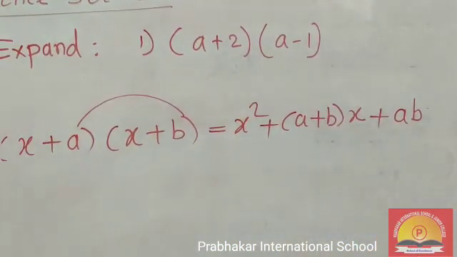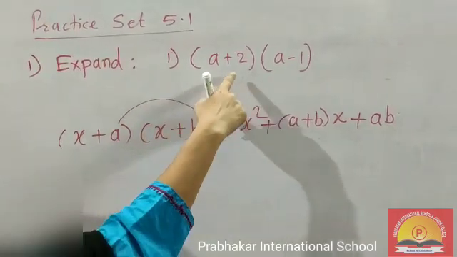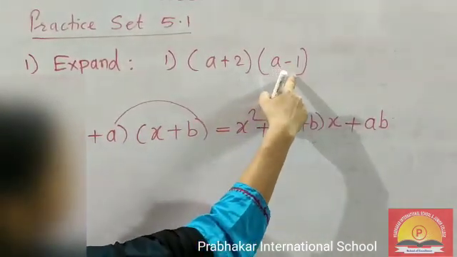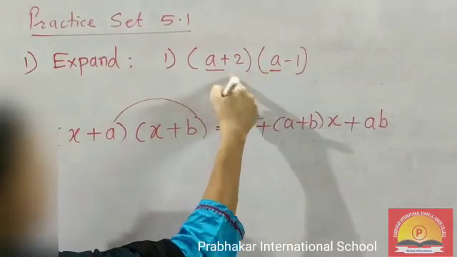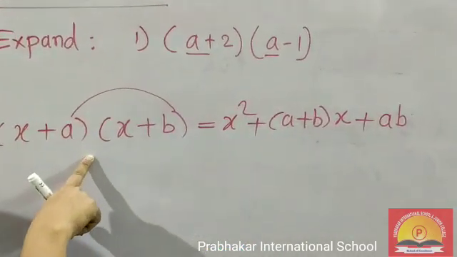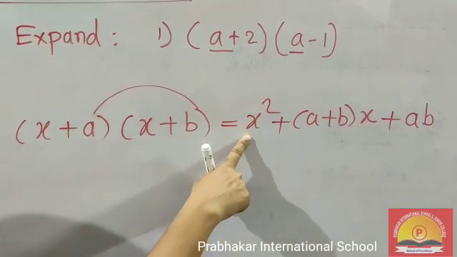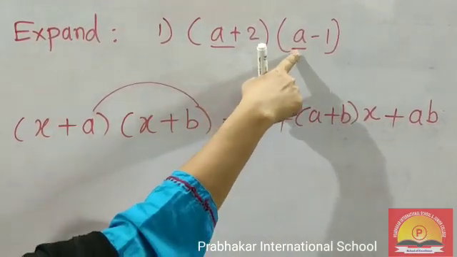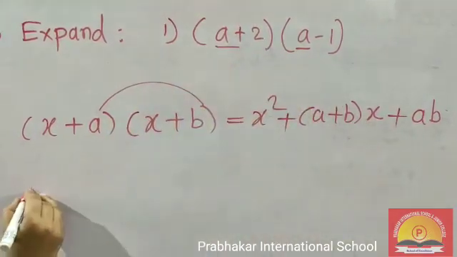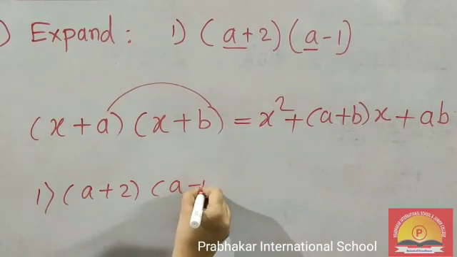By using this formula we are going to solve question number 1, (a + 2)(a - 1). You can see here this a is the common term. If one term is common, then we are going to apply this formula. So what we have done, we are taking the square of the common term. In this question the common term is a. I will write the question again, a plus 2, a minus 1.